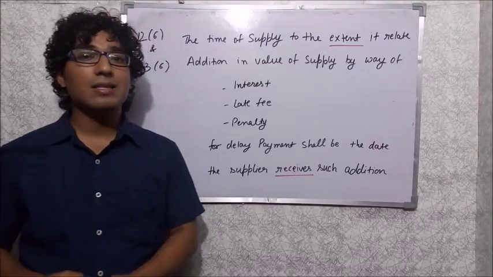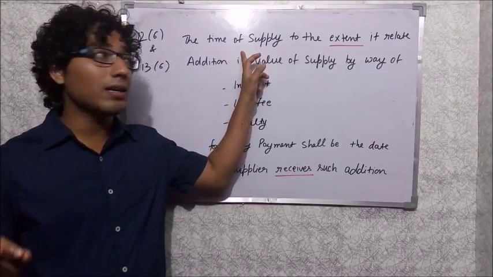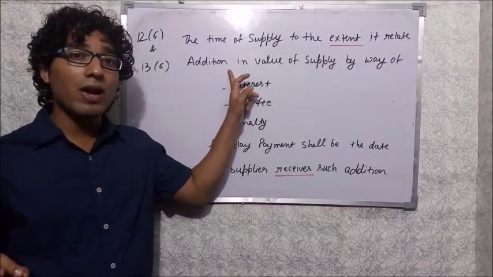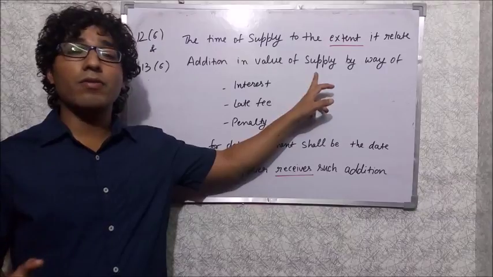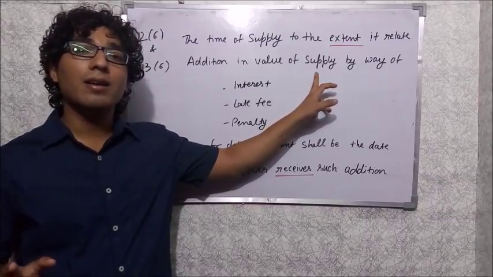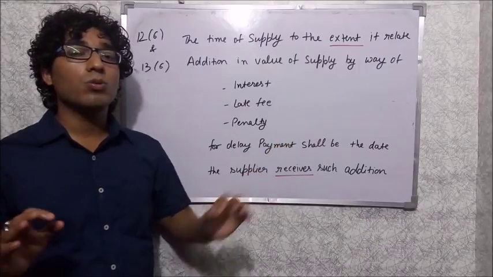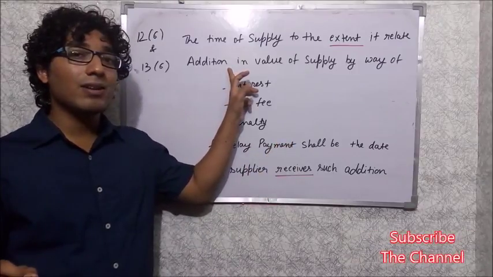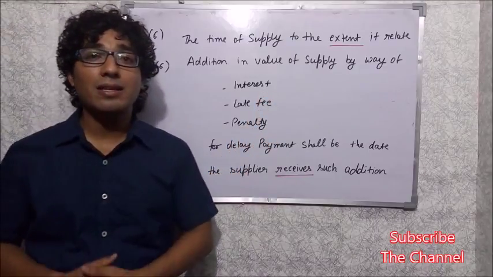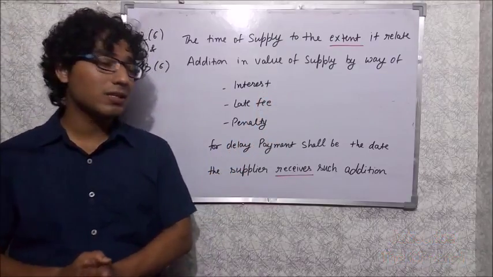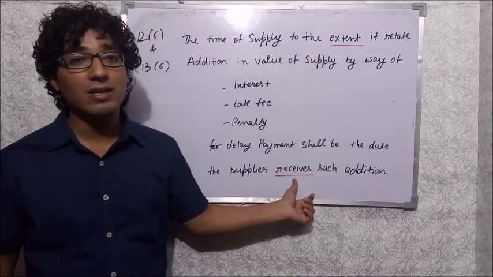So the law says that the time of supply, to the extent it relates to the addition in the value of supply by way of interest, late fee or penalty, will be when the supplier receives such consideration.